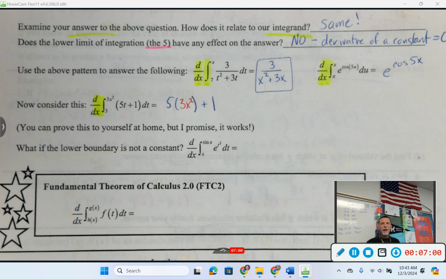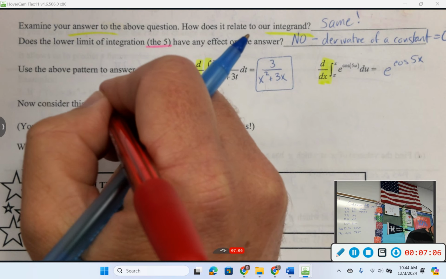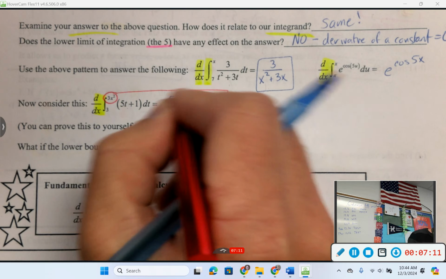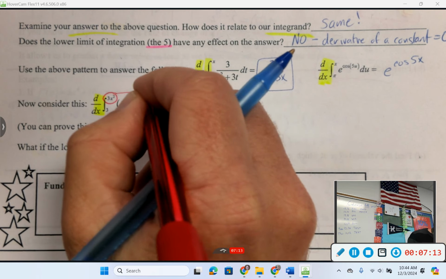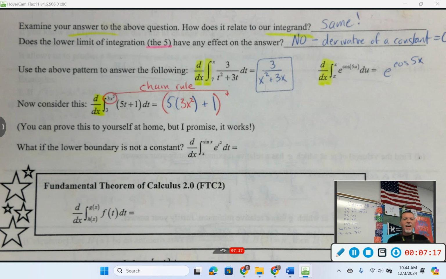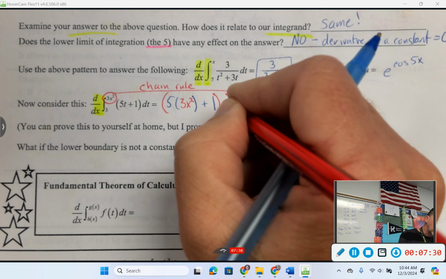That's not quite right, because when we take a derivative, sometimes we have to think about the chain rule. So what's the chain rule going to multiply onto the end of this? Well, I want the chain rule, though. I don't want 3x squared. I want the derivative of 3x squared. So 6x.